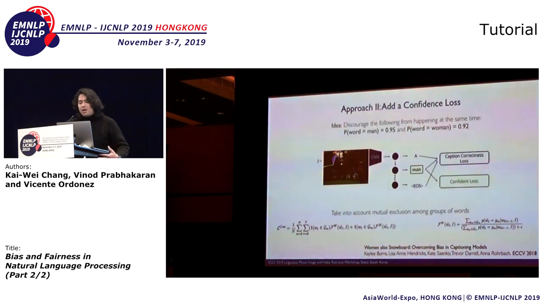So they combine these three losses, and they produce this combined model, which they call Equalizer. So these are the three types of tasks in vision and language. One is classification. The other one is visual semantic role labeling. And finally, image captioning.